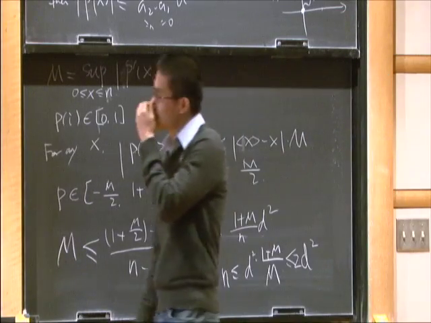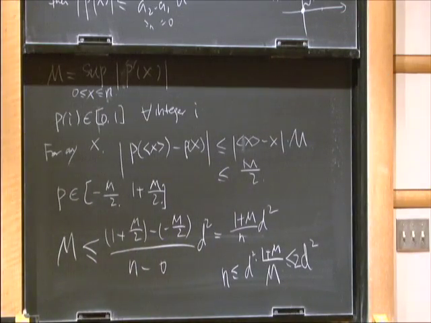So now let's see if the same proof works for the approximate degree. So this step is basically the same, and here is also the same. You need to show that the approximate degree also goes down. That's not a problem.